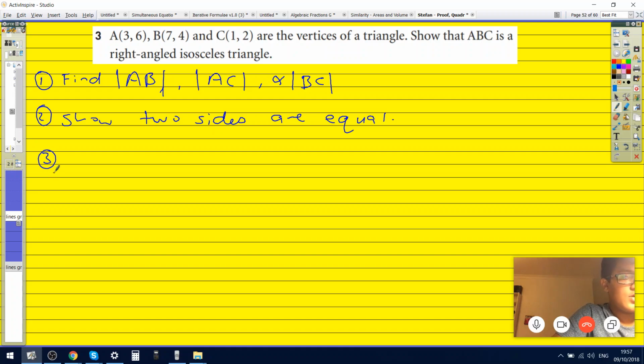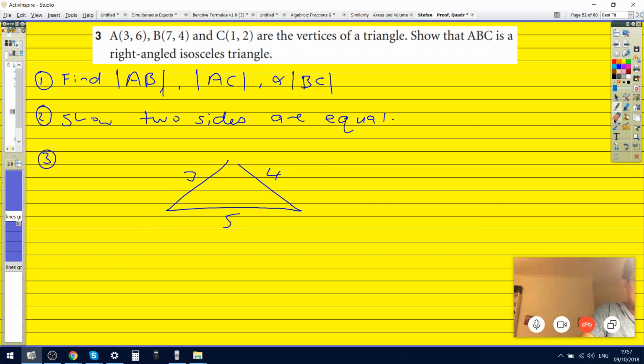How would you show it's a right angled triangle? You mark the angle which is the right angle. How would you prove that it's right angled? You just do Pythagoras' thing.